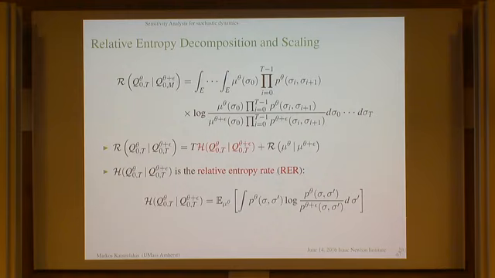But the property of the logarithm is the key here, right? So you get that this is t times h plus the relative entropy of the steady states. This object here is a relative entropy per unit time, if you want, right? If I divide by t here and send t to infinity, it will be relative entropy per unit time, so that's why this object is called the relative entropy rate.